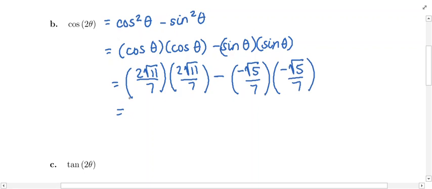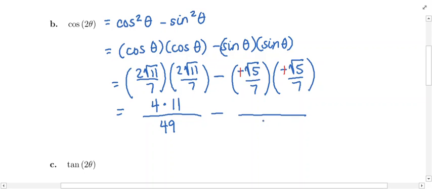Let's multiply each pair of fractions. If we start with this first pair, I multiply across the bottom and I get 49, and then multiply across the top. 2 times 2 is 4, and square root of 11 times itself is 11. Then we're subtracting. When we multiply the second pair of fractions, minus times minus will give us plus, so this minus will still stay in the middle.